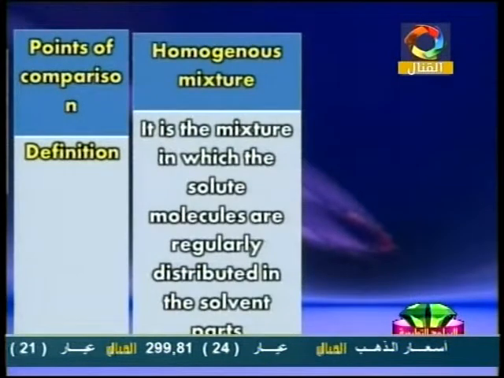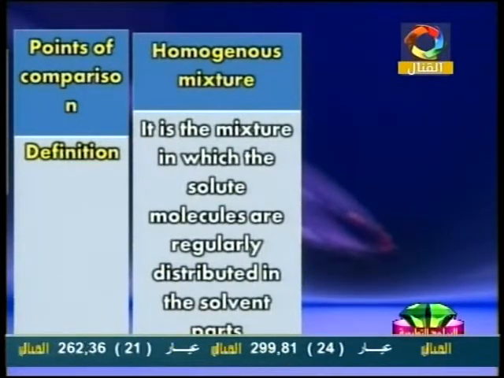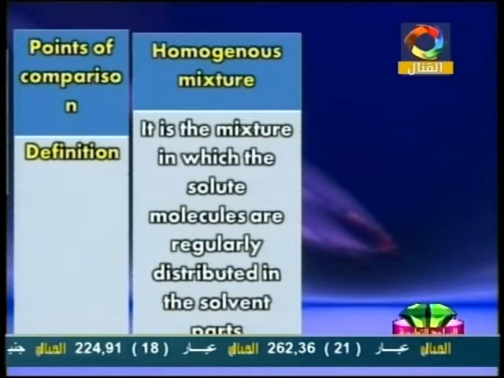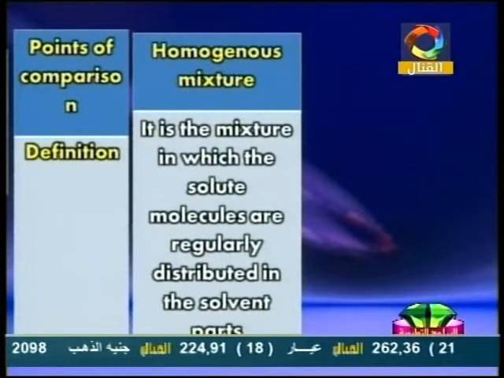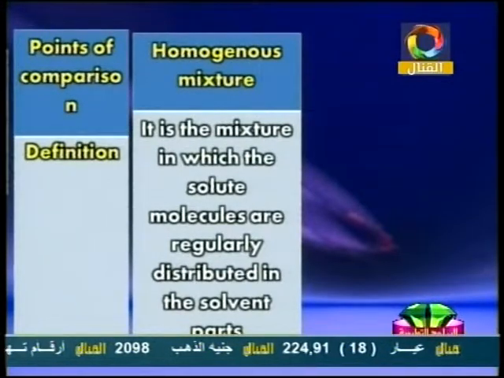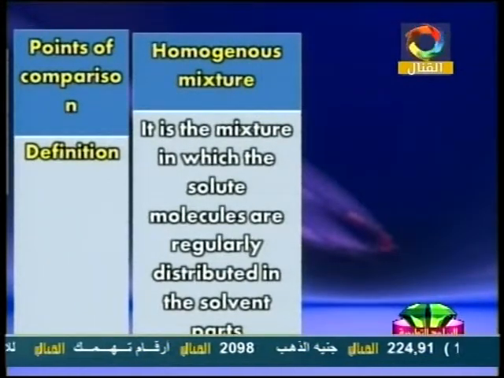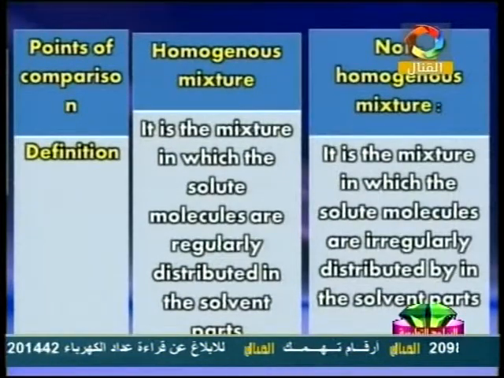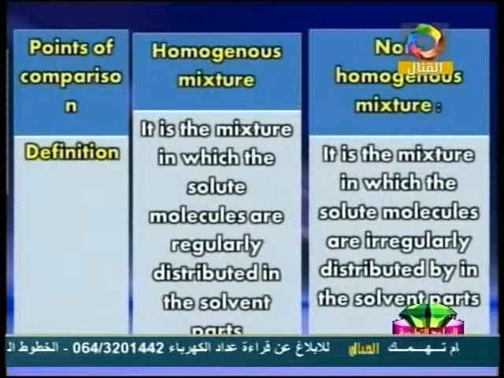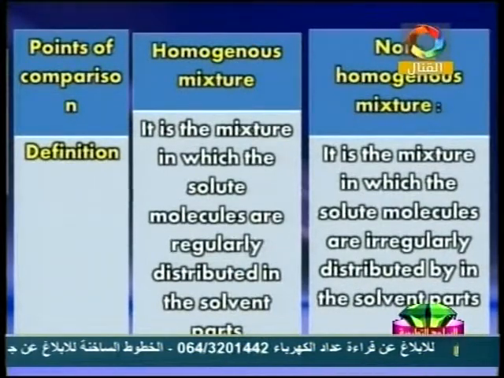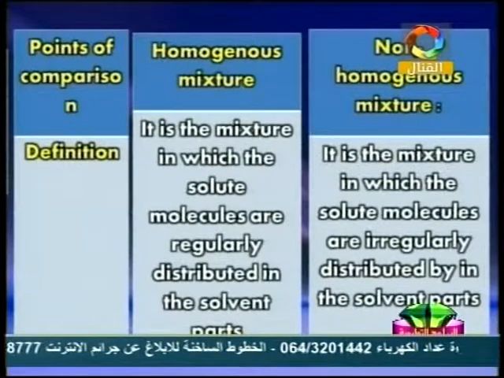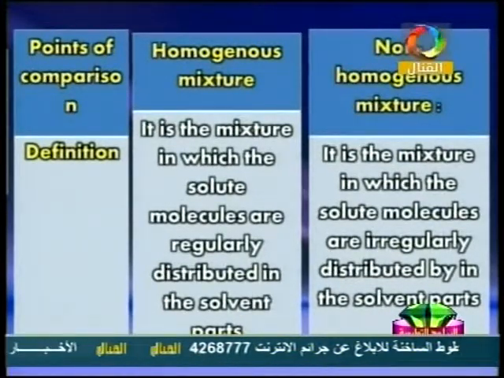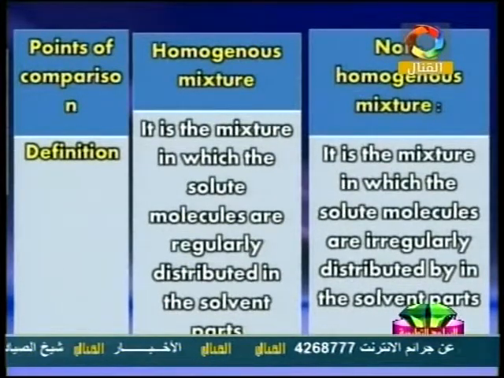Homogeneous is a mixture in which the solute molecules are regularly distributed in the solvent part, one after one, step by step. But non-homogeneous is a mixture in which solute molecules are irregularly distributed in the solvent part.